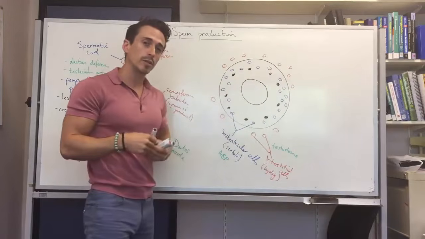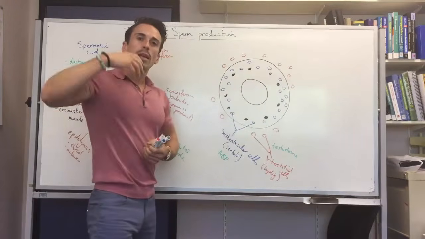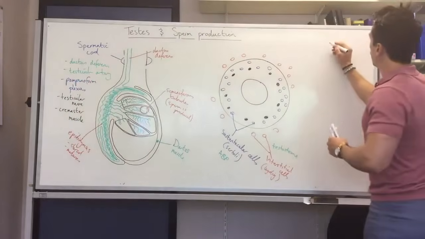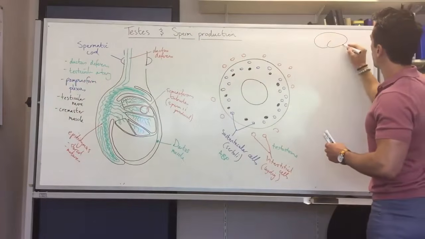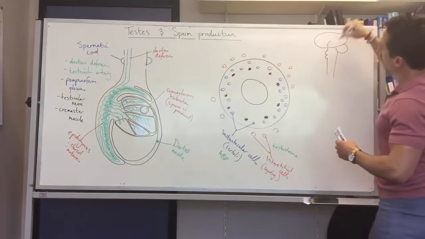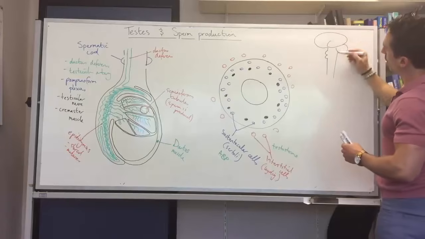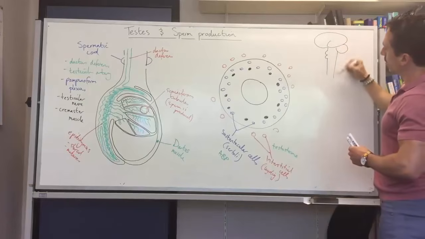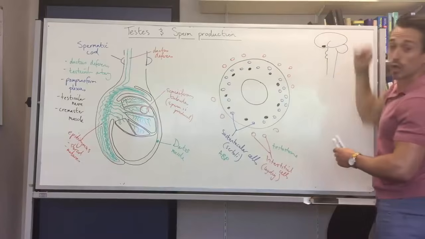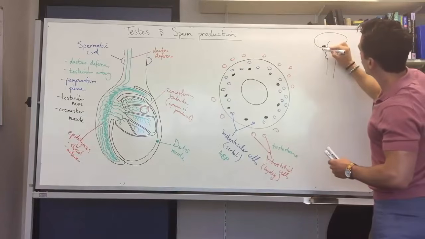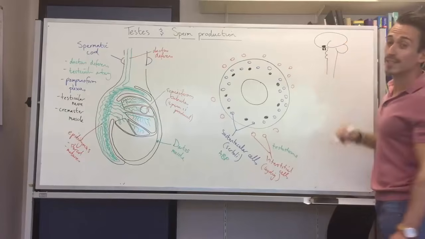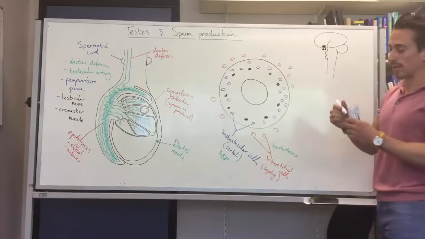So how does this process occur? Okay, well, once a male has reached puberty, remember, if we look at the brain, you know, cerebrum, cerebellum, midbrain, pons, medulla, so forth, right here you've got your hypothalamus, and you've got two danglies here, which aren't the testes, but are the anterior and posterior pituitary glands.